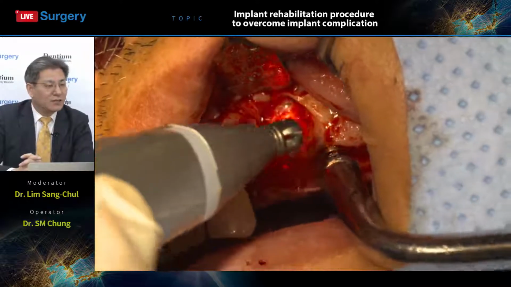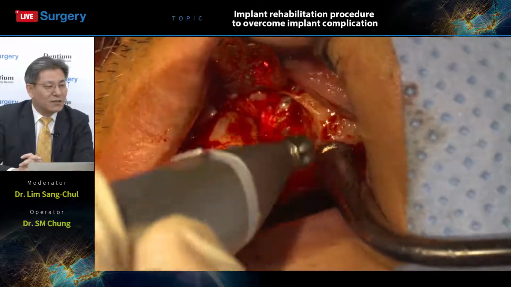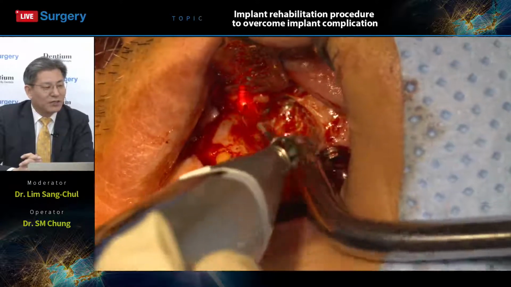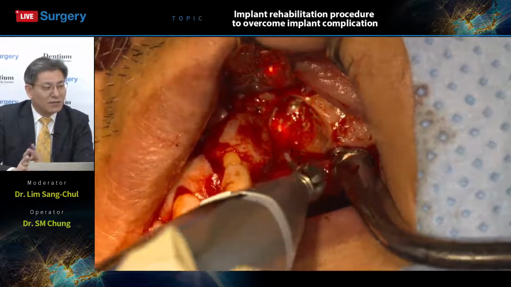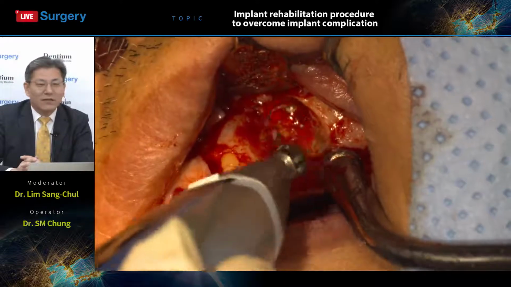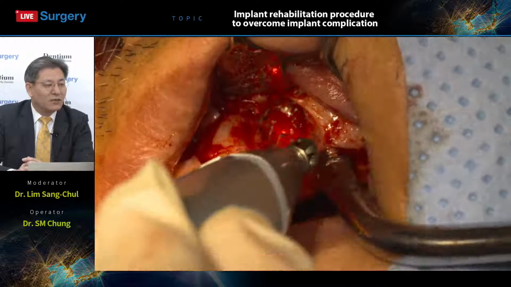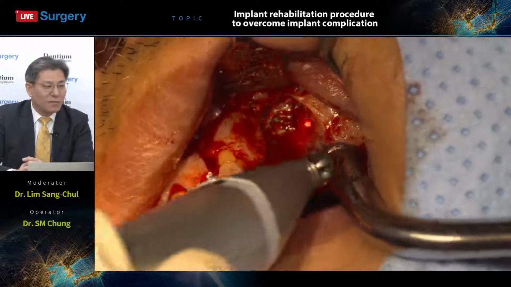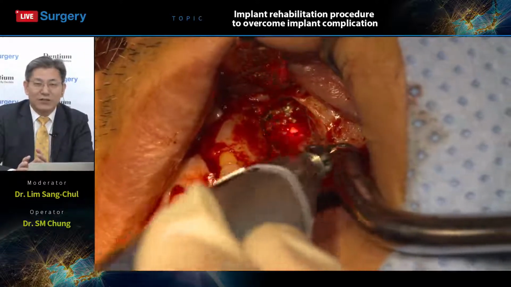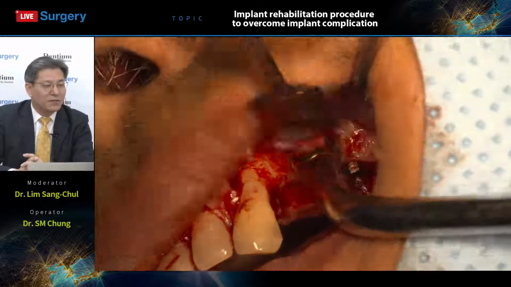Using this laser gives us big advantages, maybe decontamination around this area where the implant failed, right? So Dr. Zhang is trying to decontaminate all of this area. First, removing all the soft tissue granulation tissues, and then apply this laser at this area.